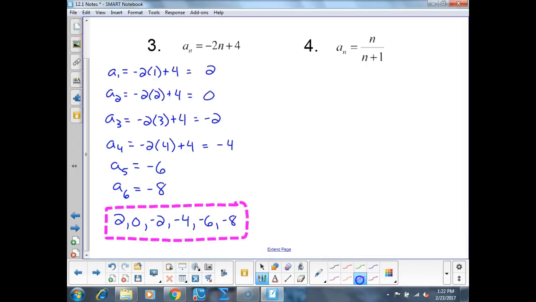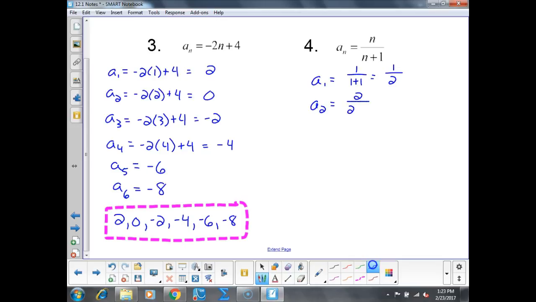On the next one, a sub 1 is going to be 1 over 1 plus 1, so that's 1 over 2. A sub 2 is 2 over 2 plus 1, so that's 2 thirds. A sub 3, 3 over 3 plus 1, 3 fourths.